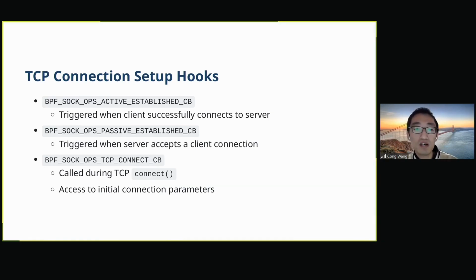For example, if this is a client, you probably want to insert the client socket into the socket map to do something. The second one is pretty similar to the first one, except it's for the passive connection, which is for the server. When the server accepts a connection, this hook is triggered.